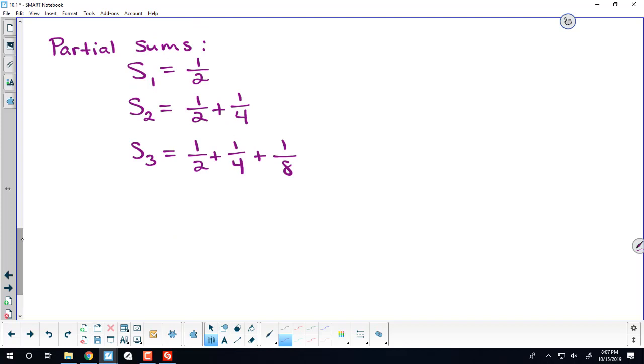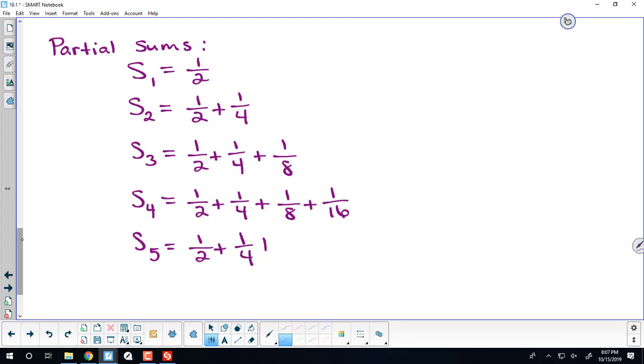What's the fourth partial sum? Well, it's just the sum of the first 4 terms. Let's go up to the fifth one, I suppose. So the fifth partial sum is 1/2 plus 1/4 plus 1/8 plus 1/16 plus 1/32. Add up the first 5 terms.